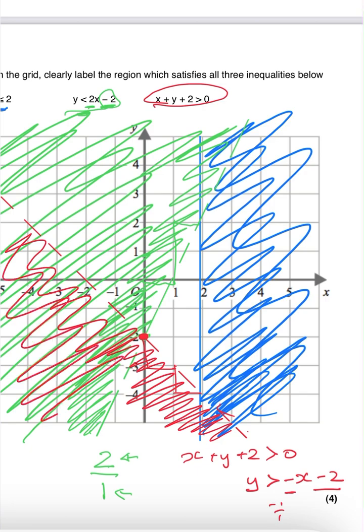And so it goes. So our region is dashed in here, solid here, and then dashed again here, and we have to label it. And we've shaded all the unwanted regions.